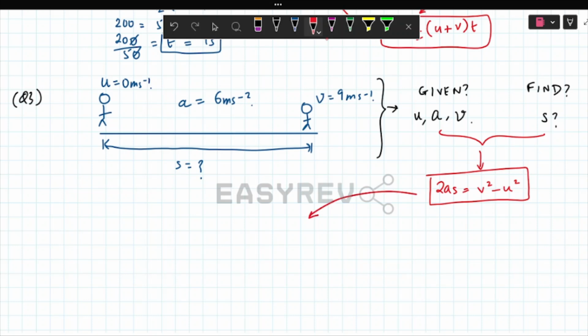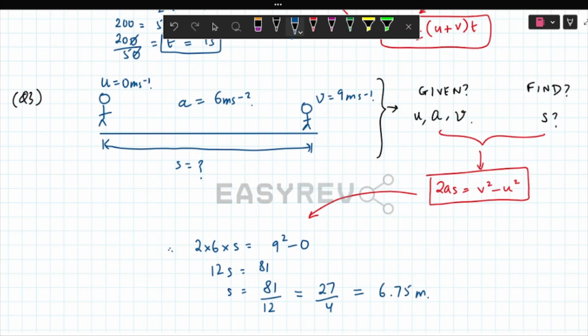And so it's just a matter of plugging in the numbers. We have 2 times 6 times s equals 9 squared minus 0. Simplifying this further, we get 12s equals 81. Then s is simply 81 divided by 12, which simplifies further to 27 over 4, which further simplifies to 6.75 meters.